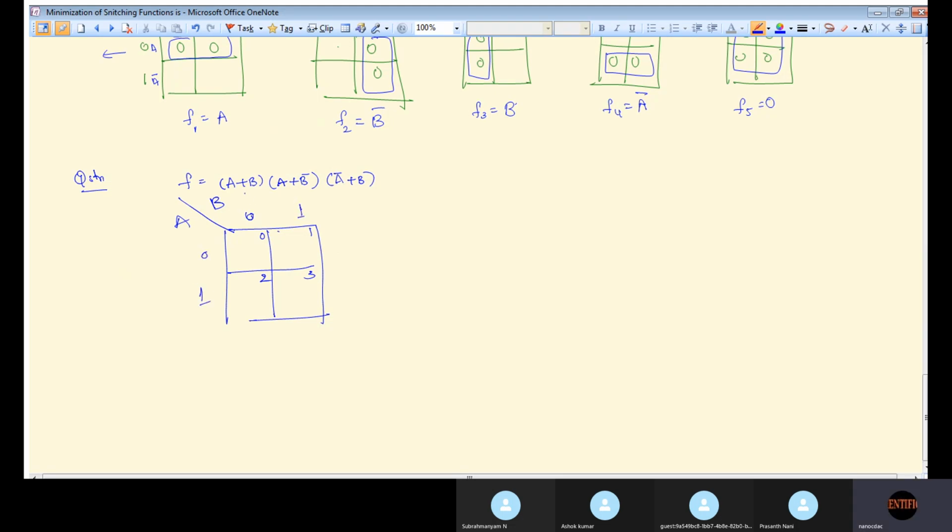To make it easy for you, I am writing it. This is b and this is a, and 0 1 2. Does it come at 0 1 2? Yes ma'am. Okay, it comes at 0 1 2. Now tell me the expression for this one.